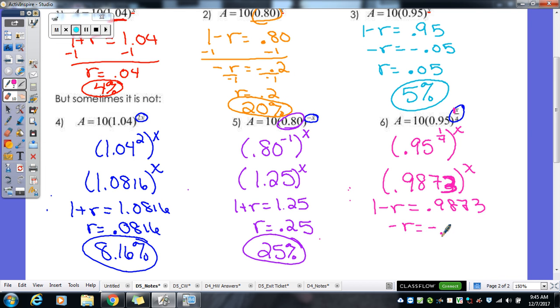So 0.9873 minus 1 is negative 0.0127. So then as a percent, we got 1.27%.